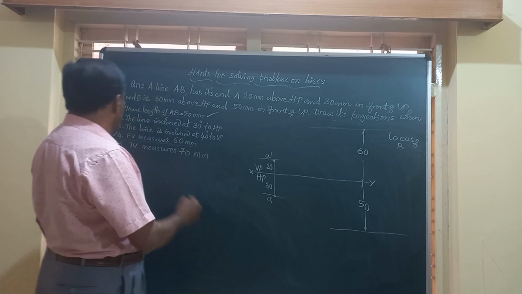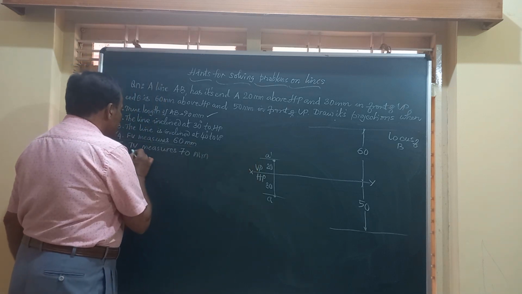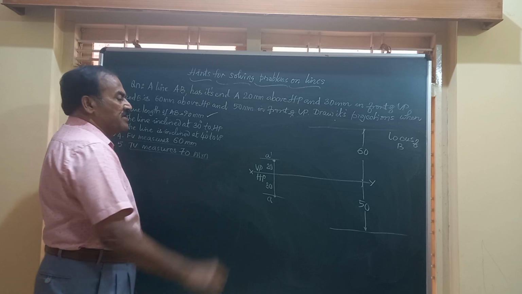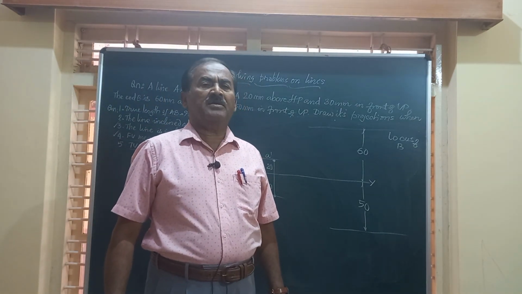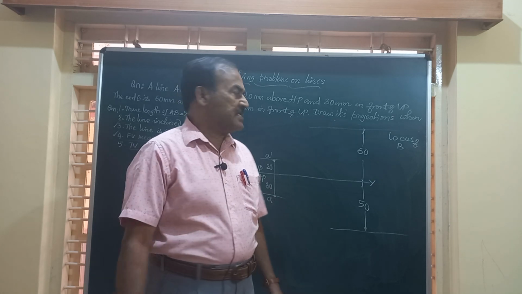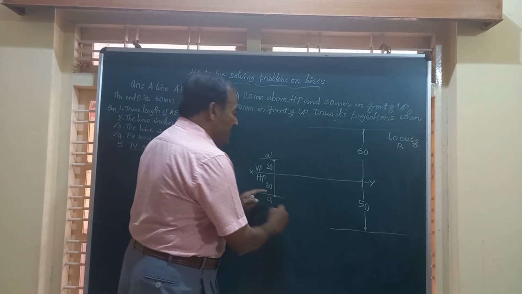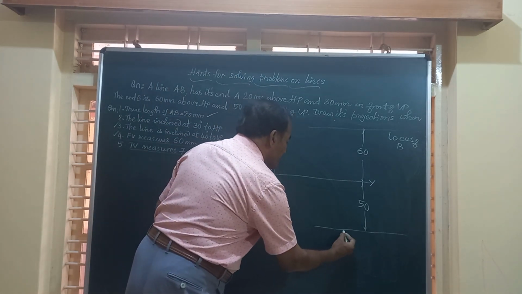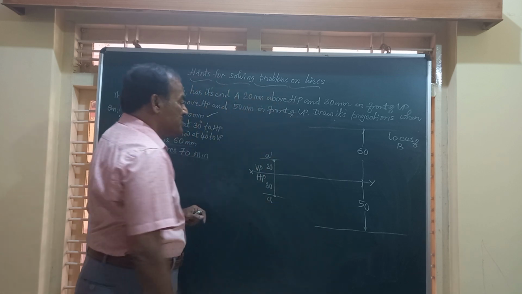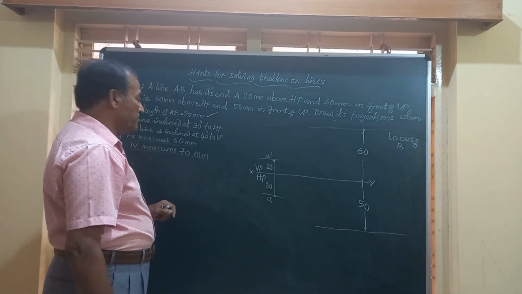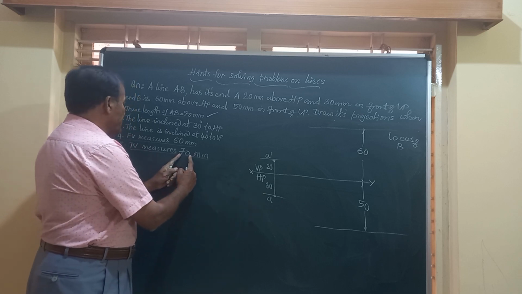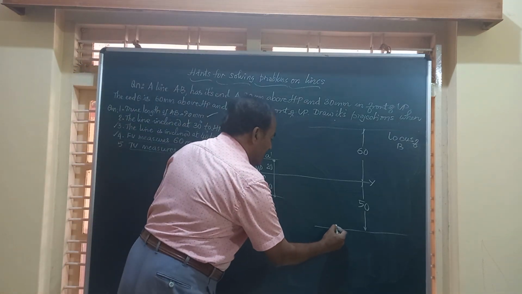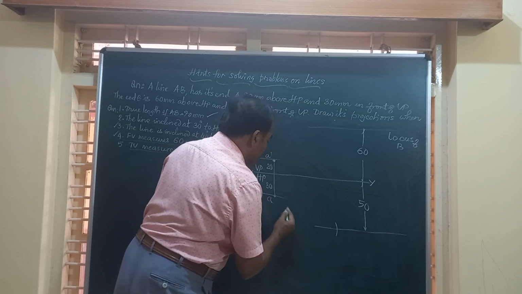Now friends, the data given apart from this is top view measures 70 mm. For the line AB, capital AB, the top view is small ab. You have A, and to obtain B on the locus of this end B, take center A, radius equal to 70 mm, and make an arc to cut the locus here.